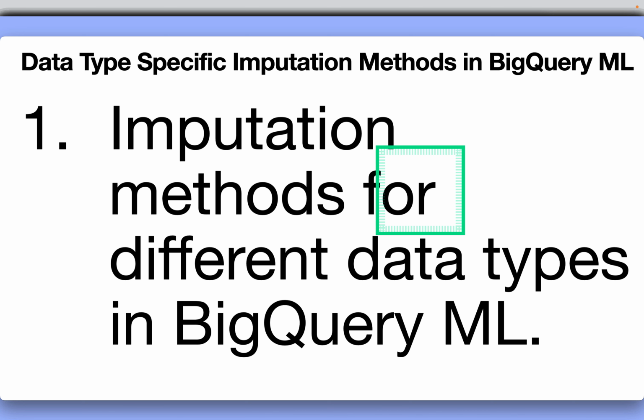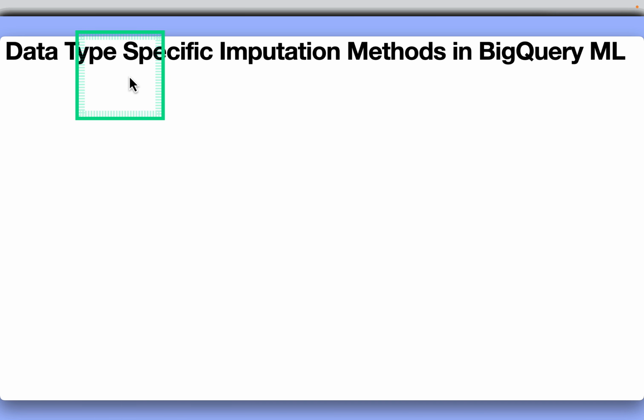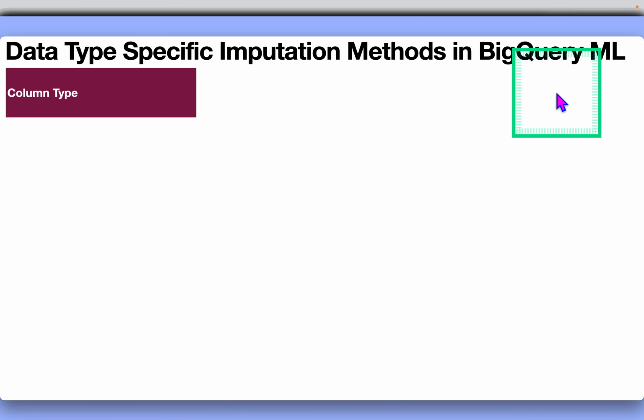For numeric columns, null values are replaced with the column's mean value. For one-hot or multi-hot encoded columns, null values are mapped to an additional category. For timestamp columns, a mixture of methods is used, and for struct columns, each field is imputed according to its type. So we'll see in detail the data type specific imputation methods in BigQuery ML.